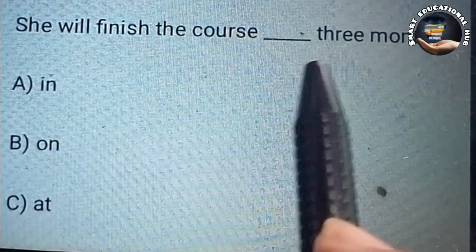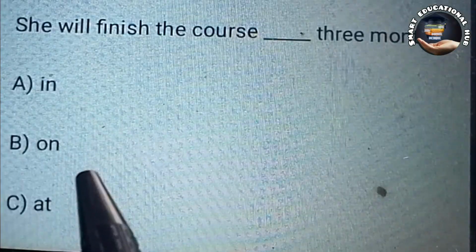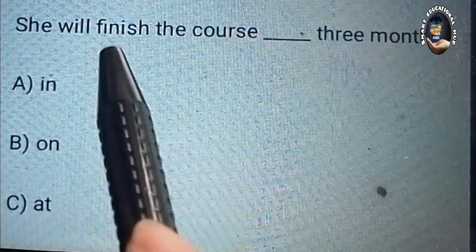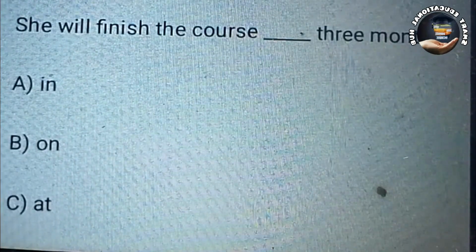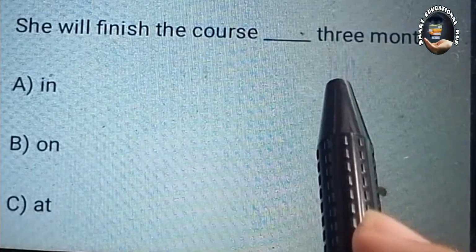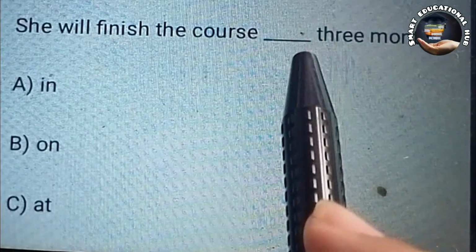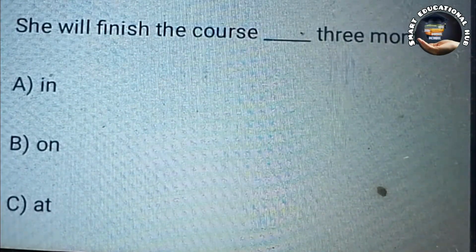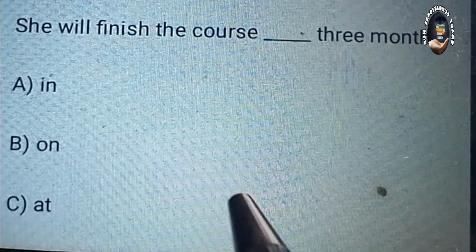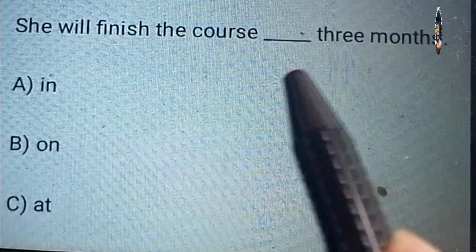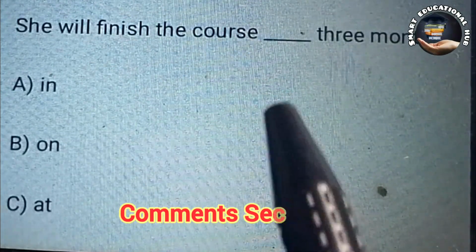She will finish the course dash 3 months. In, on, or at? The answer will be in 3 months, right? So these were the examples of prepositions of time. You have to solve these examples and give your answer in the comment section.